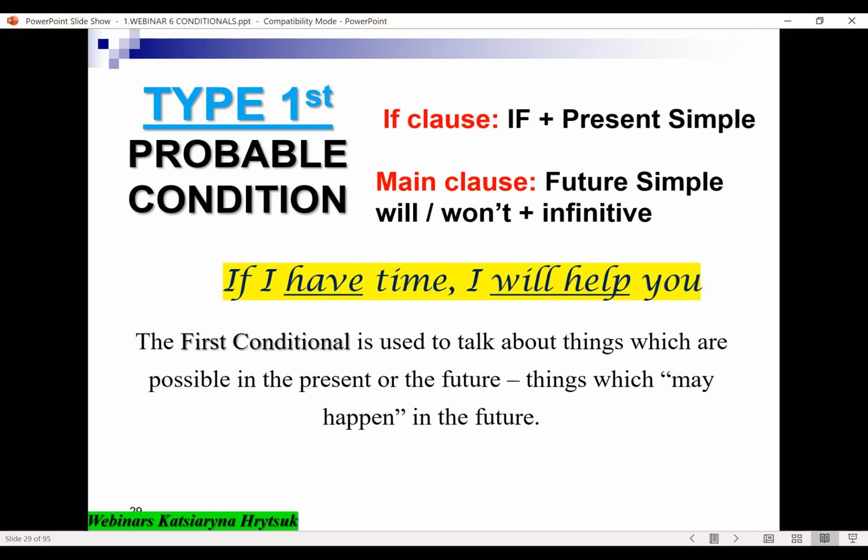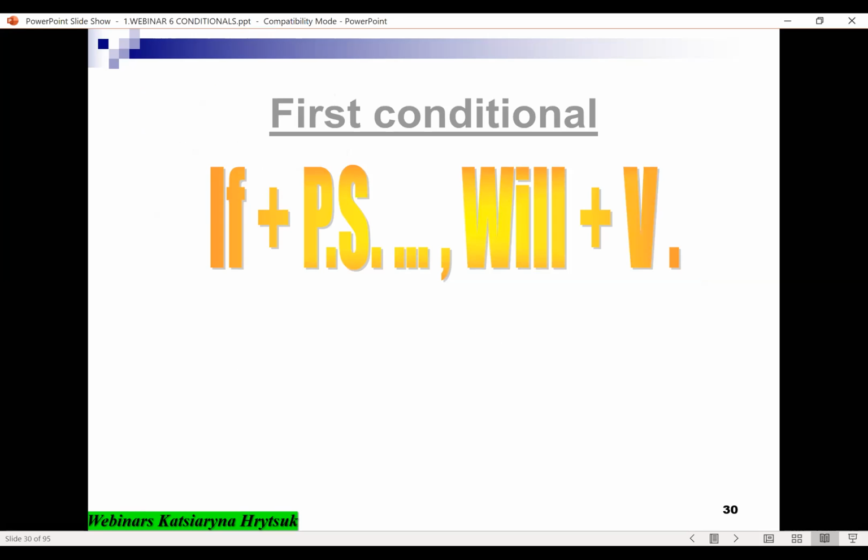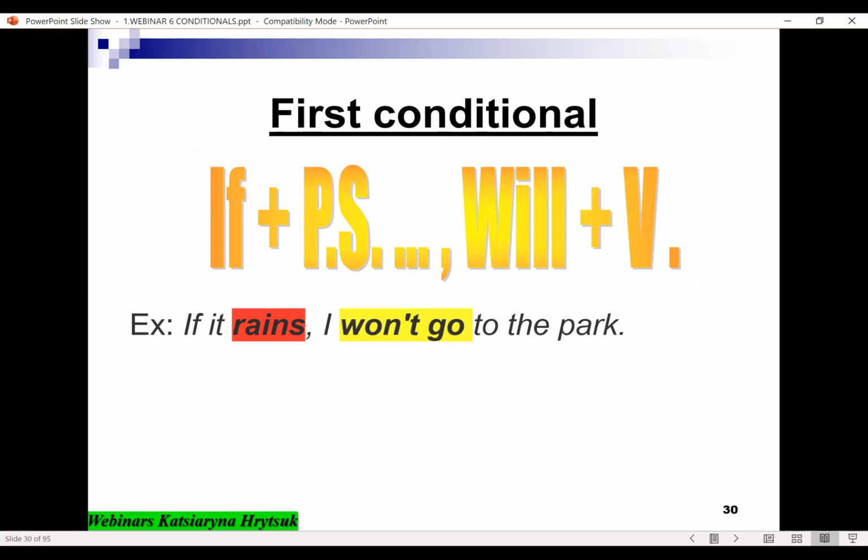They may happen or may not, you don't know, but in the present or future. Next, again, after if, present simple, main clause, will, and the verb. Example, if it rains, present simple, I won't go to the park. Future simple with negative will not becomes won't.